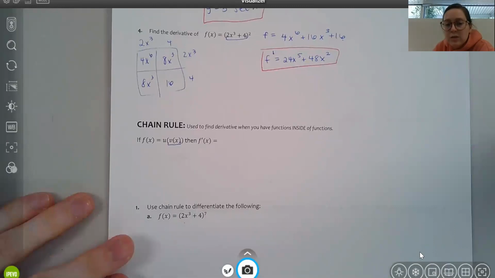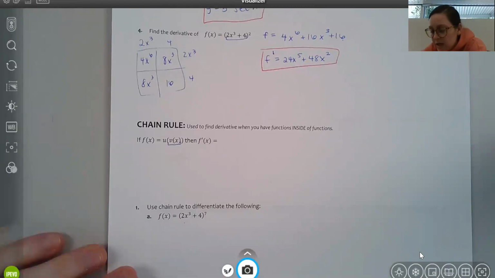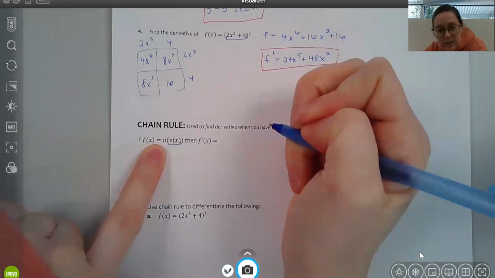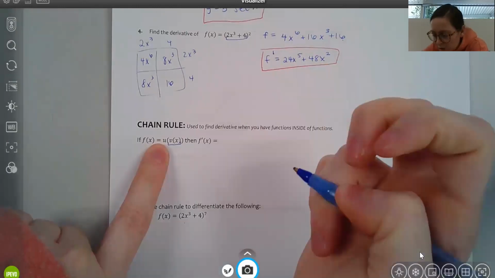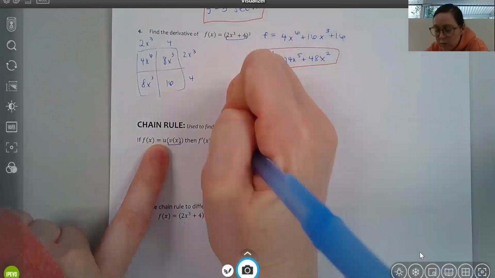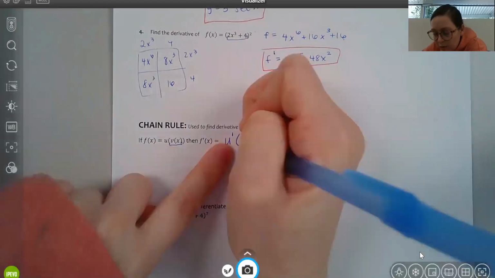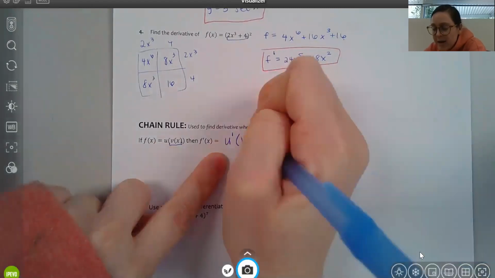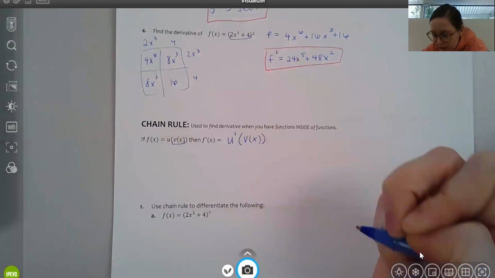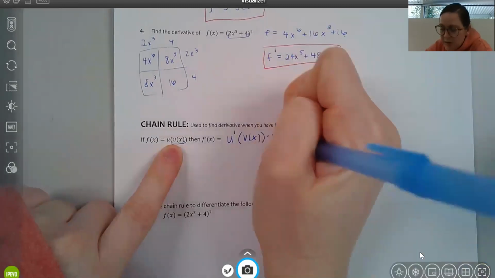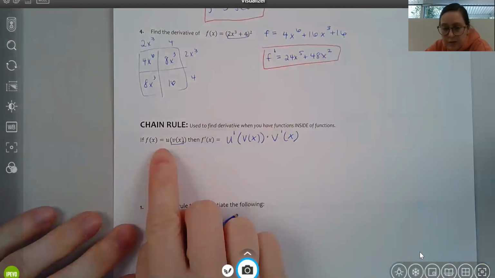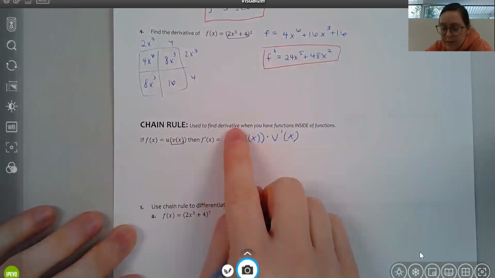Then you take the derivative of the outside. My outside function is u, so that would be u prime. You leave the inside alone, so it's u prime of v of x. And then you multiply by the derivative of the inside. So the derivative of u of v is u prime of v times v prime.